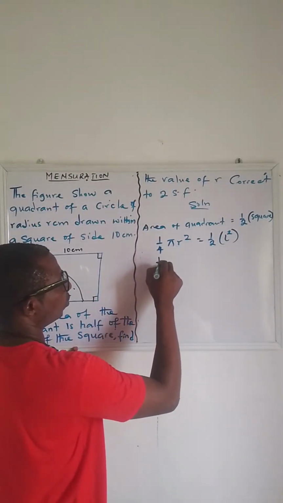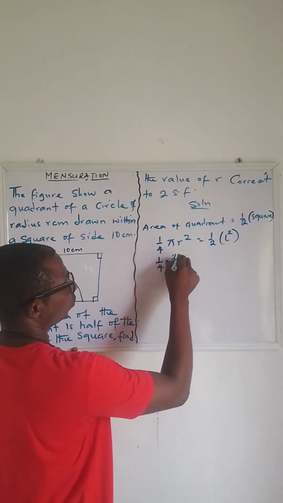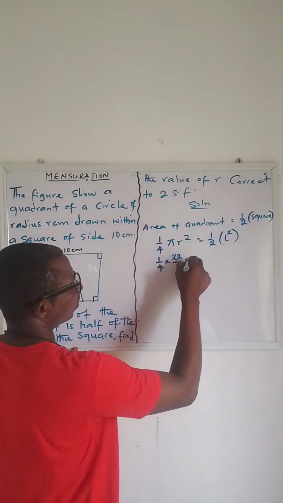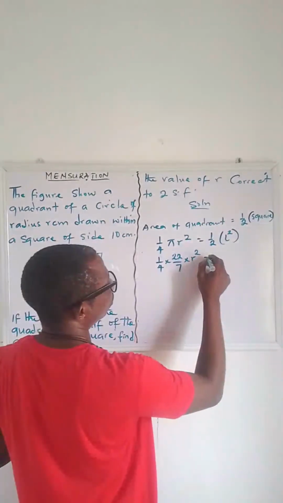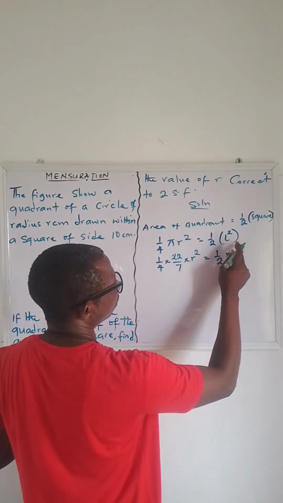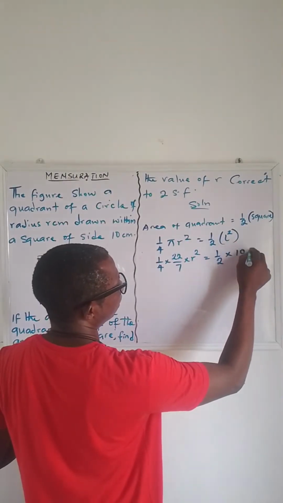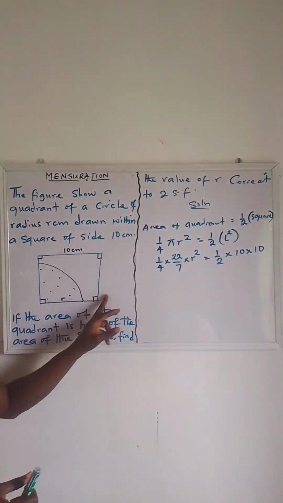All right, so from here we can plug in the values. We have 1 over 4 times 22 over 7 times r squared. I'm actually looking for r. This equals 1 over 2 times what? 10 times 10, because the side of the square is 10.